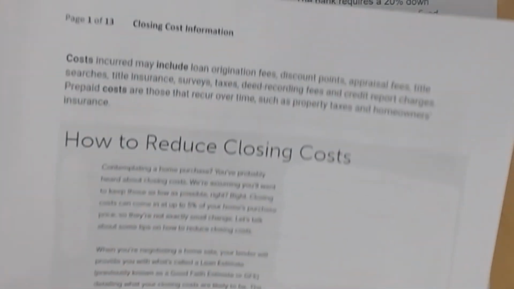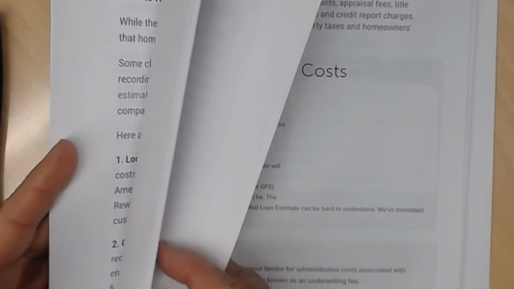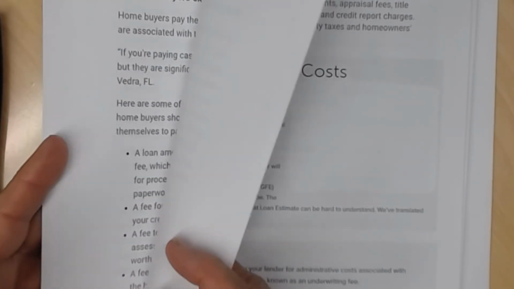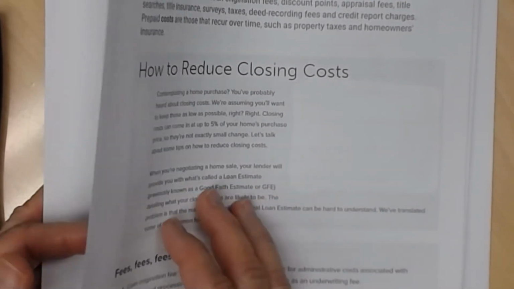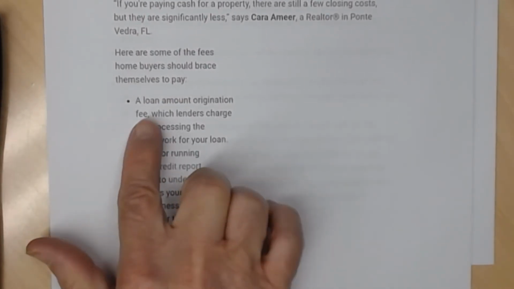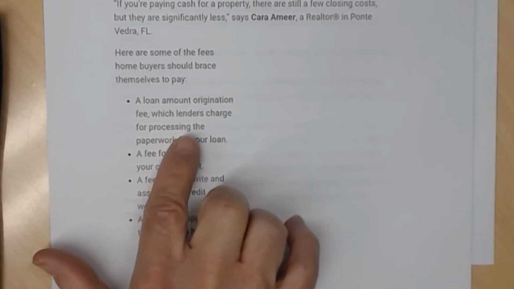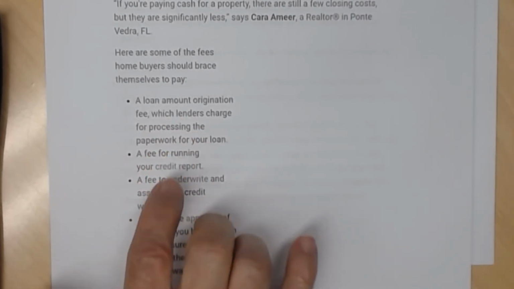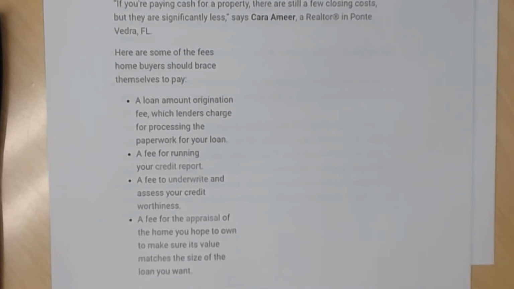In Canvas, I put this packet here for you. So always have this. There's a lot of information here about what fees you have to pay. Closing costs consists of a lot of fees. For example, there's the loan origination fee, which lenders charge for processing the paperwork of your loan. There's a fee for running your credit report, so yes, they do check your credit.